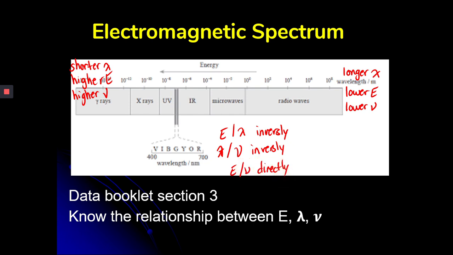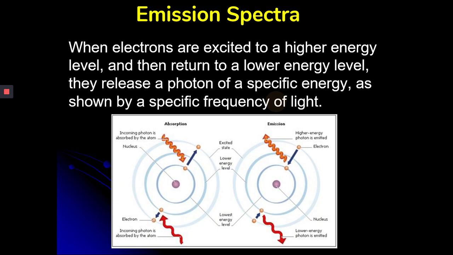So if we were to compare microwaves to radio waves, microwaves have shorter wavelength, higher energy, and higher frequency, which is why they can cook food, whereas radio waves cannot. When electrons are excited to higher energy levels and then return to a lower energy level, they release a photon at a specific energy.